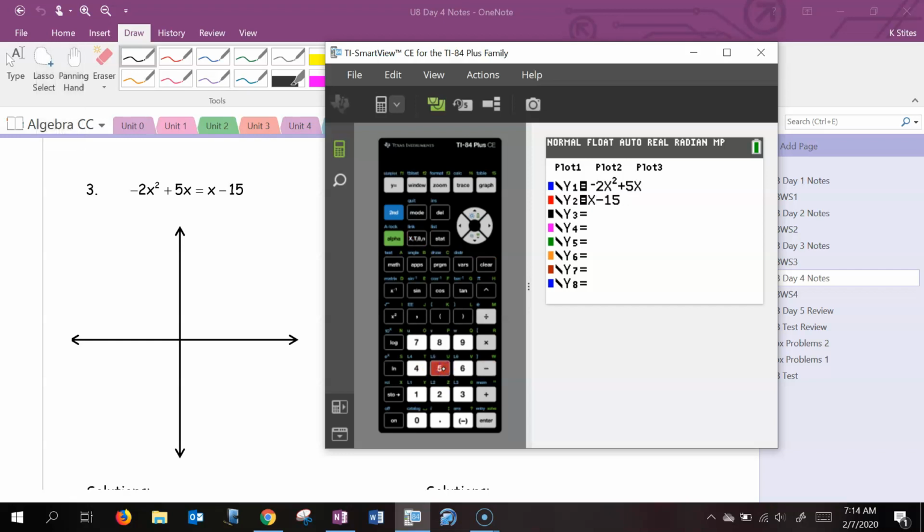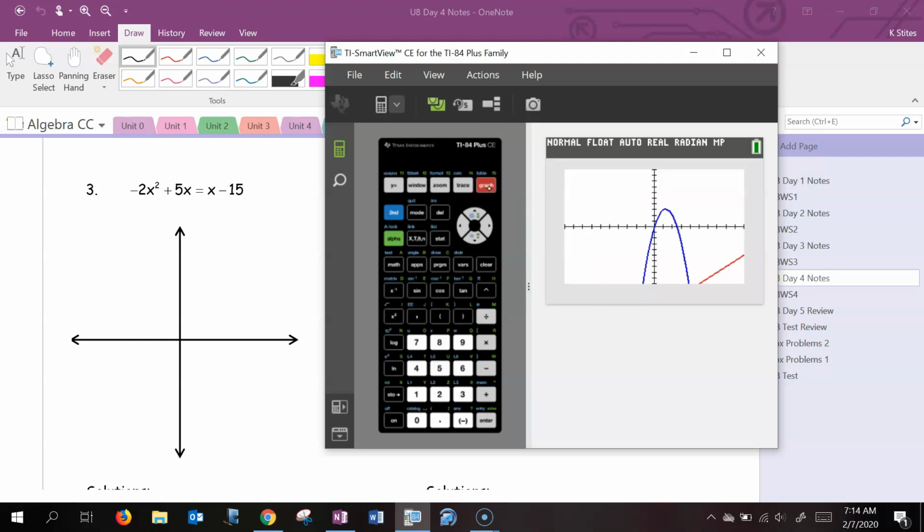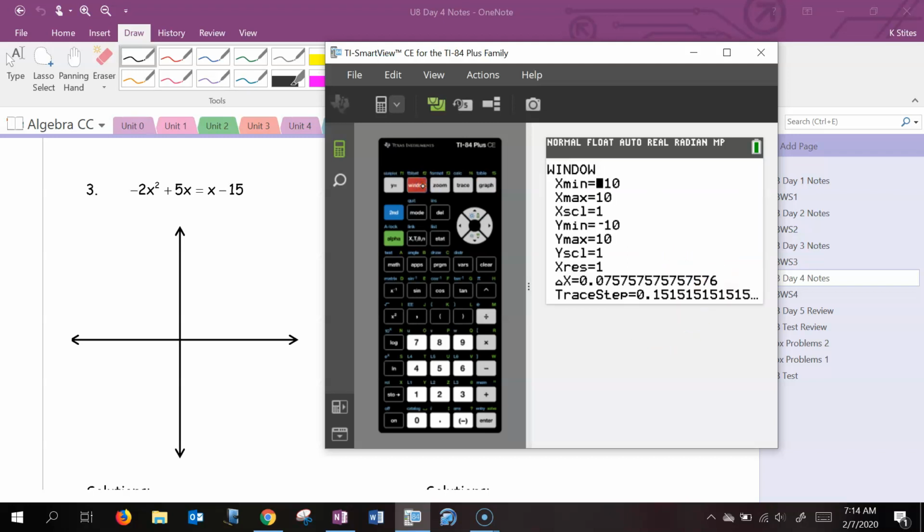All right, take a minute to make sure that looks good. And then I'll press graph. All right, so what you're going to notice here is like we can't really see the whole picture. So we need to see farther down. So that would be our Y-min. Okay, so if we go to Window, I'm going to change my Y-min to something smaller. -10 is what it's at now.